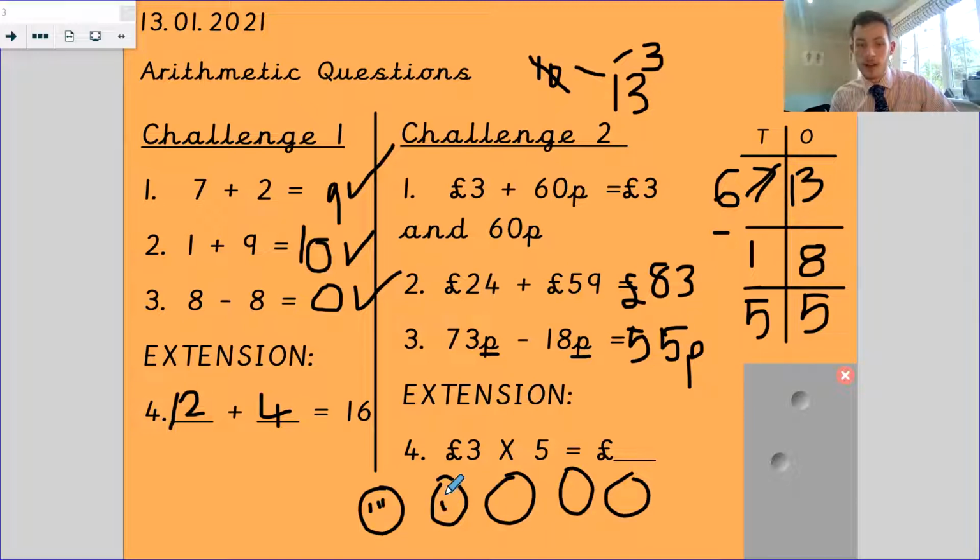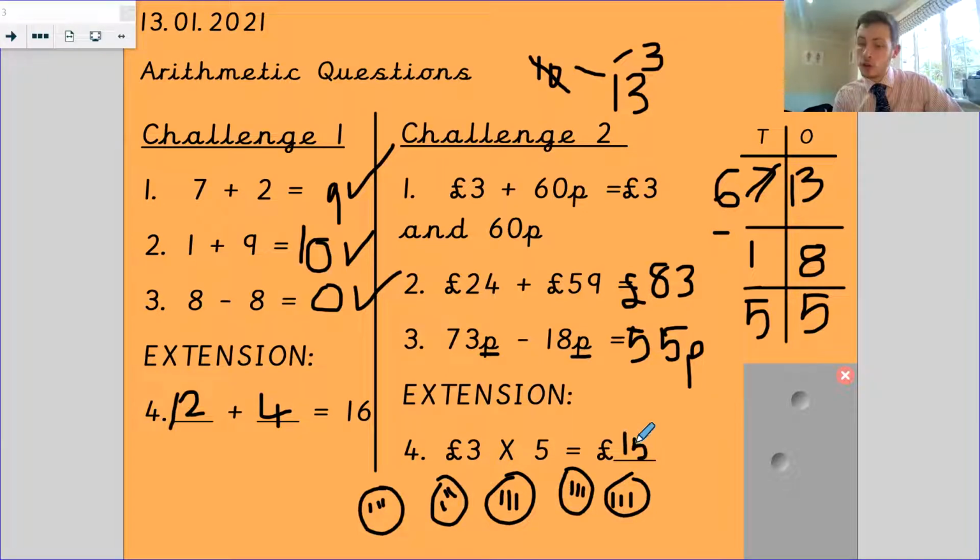Every single group has the exact same, 5 equal groups, and in each one I've got £3. Now I'm not drawing money here, but I am just writing in how many pounds I've got. Now it's not 111, that is pounds, just £1.